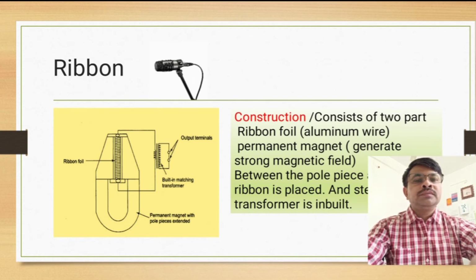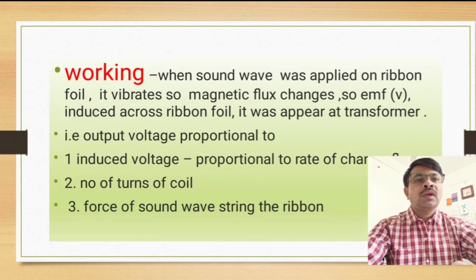So let's find its working. Working is so simple. We know that a microphone is a device that is used to convert sound waves into an electrical signal, so we have to apply sound waves onto the ribbon foil.